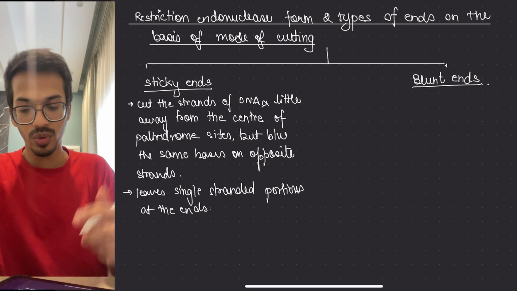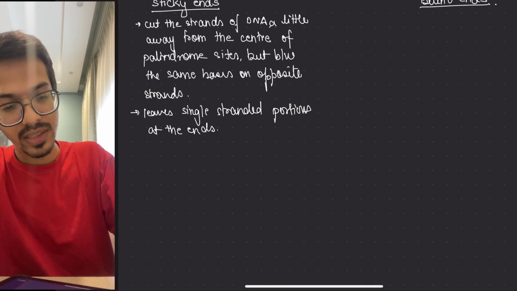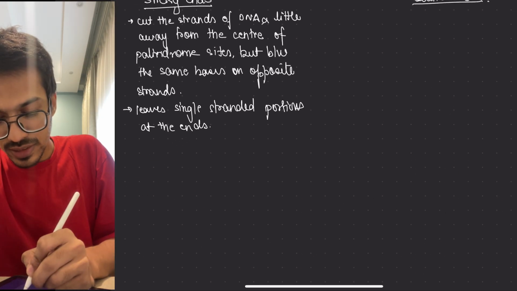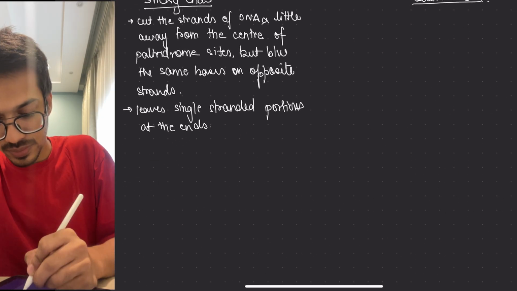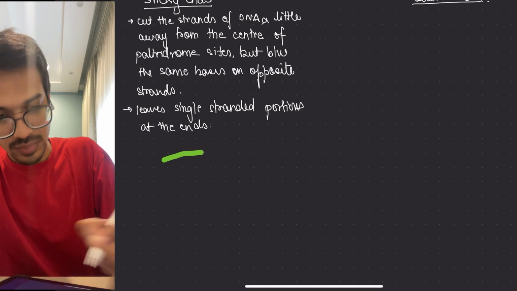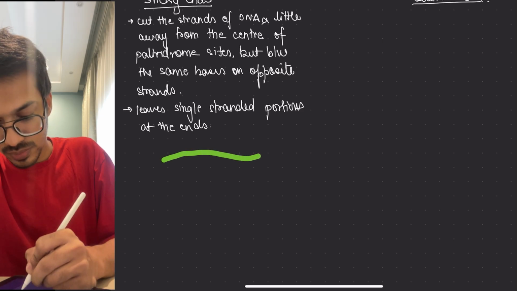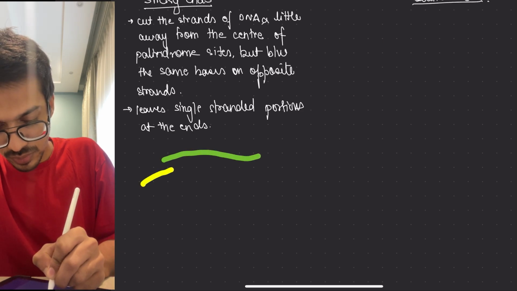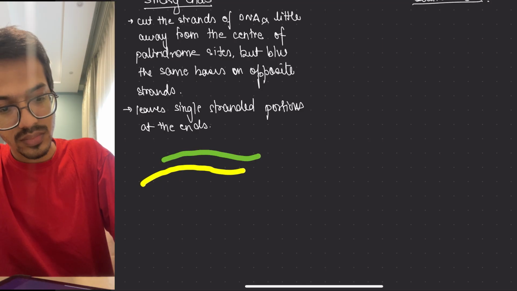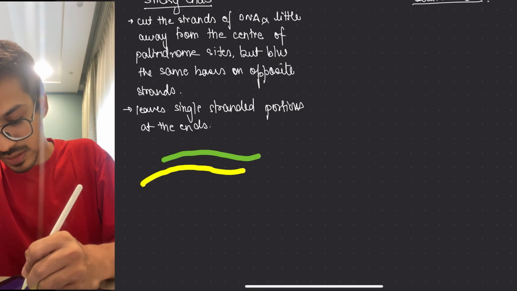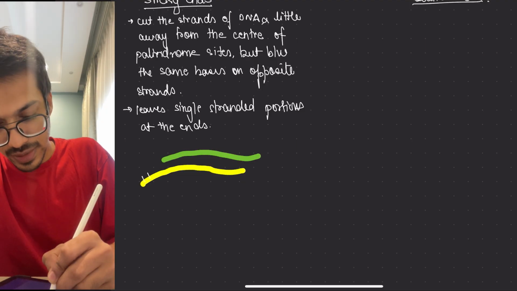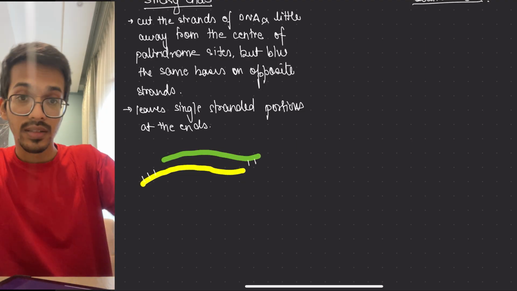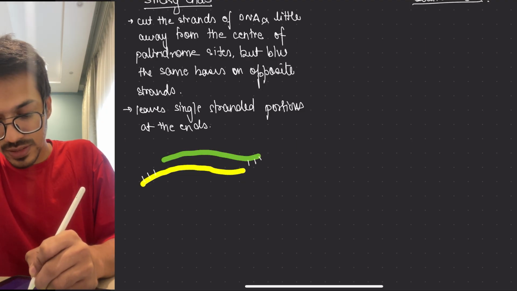And these overhangs, like for example, imagine that this is the sequence. If you see this part and this part is the extended part, and this is the gene.